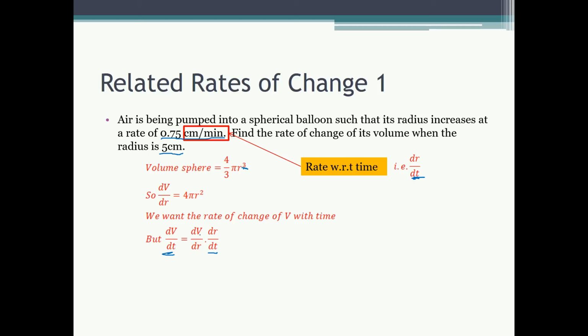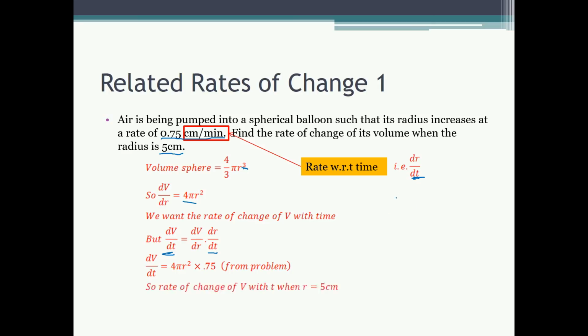That's the bit at the back. And dV/dr we've just worked out up here, which is 4 pi r squared. So we can now substitute in that right-hand side for dV/dr and dr/dt in terms of the things we've worked out, and we have an expression for dV/dt. So dV/dt is 4 pi r squared, which is dV/dr, times 0.75, which is dr/dt, which came from the data in the problem.